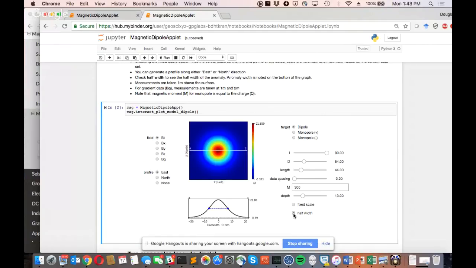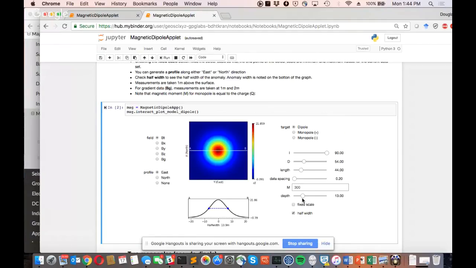How does that compare to the depth of burial? If I look at the depth of burial, it's about equal to that, right? I've got a depth of 13 plus 1 is 14, so the half width of this is approximately equal to the depth. So we can test that.